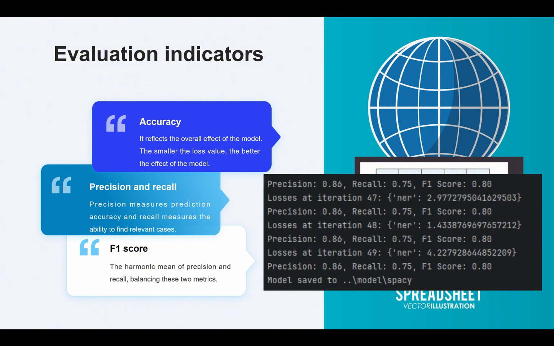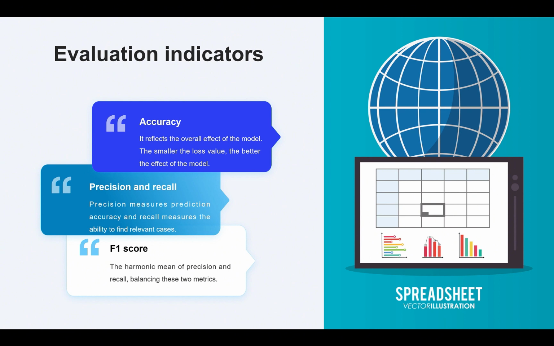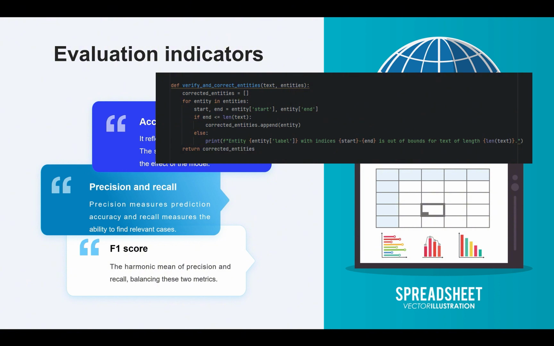F1 score, the harmonic mean of precision and recall, provides a single measure that balances these two metrics, particularly useful when dealing with imbalanced classes common in entity recognition tasks.